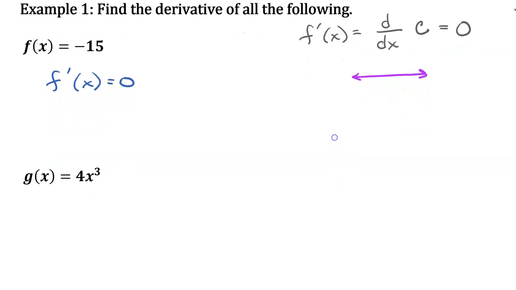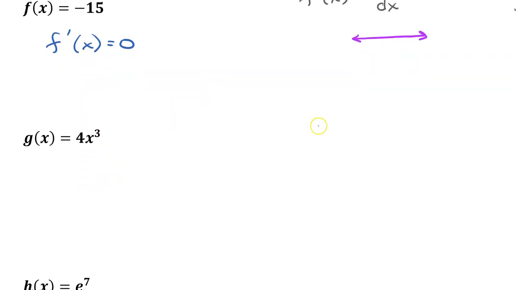So the next rule that we're going to work with is called the power rule. Now the power rule works mainly with polynomials, but we'll get to the rest in a minute. It works anytime you have a power of the function. So in this case, we would want the derivative of some x to the n, where n is a power.